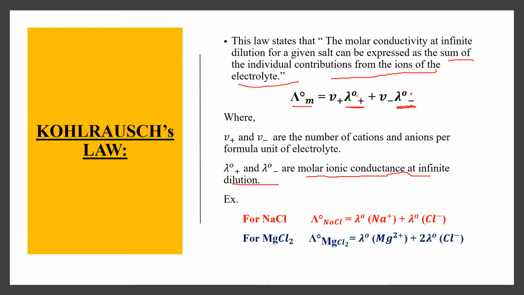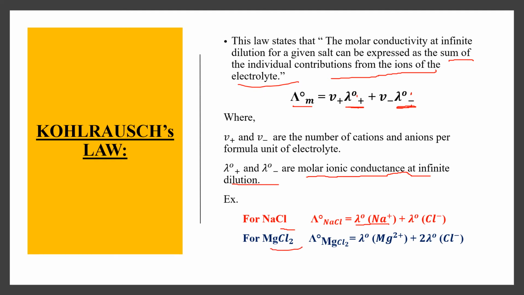For example, suppose we have NaCl. According to Kohlrausch law, the molar conductivity at infinite dilution for NaCl can be written as the molar conductivity of the sodium ion, lambda naught Na positive, plus lambda naught Cl negative.